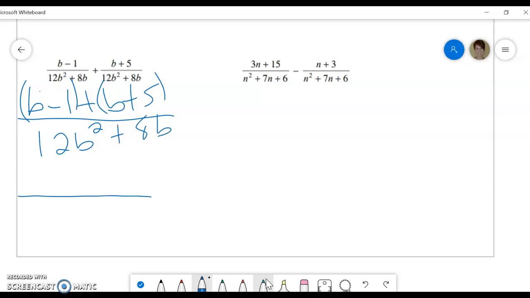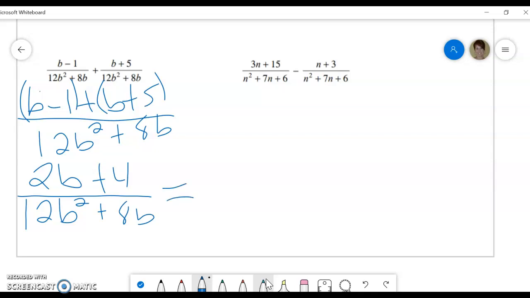So when I add b minus 1 plus b plus 5, b plus b is 2b, and negative 1 plus 5 is 4. So your numerator simplifies to 2b plus 4, and then the denominator we have 12b squared plus 8b. So did we add the two fractions? Absolutely. But now we have to simplify.